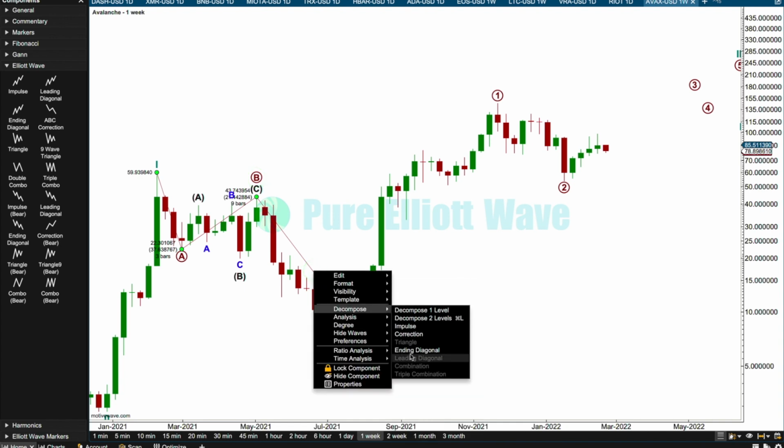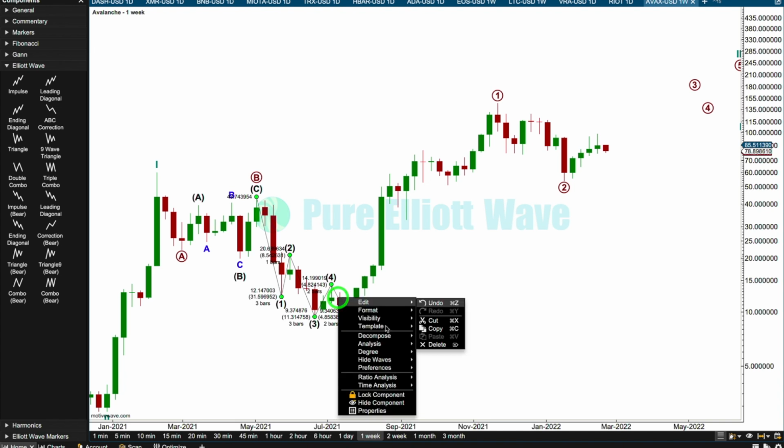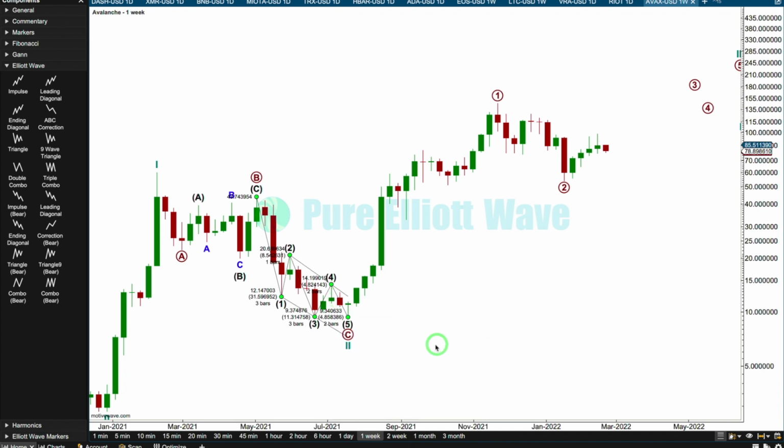Is this an ending diagonal? Yep. Wavelengths fit. Do the trend lines fit? Yeah, they're okay. They're contracting. And the upper trend line's respected here and tested. Okay, so cycle 2 fits as a zigzag.